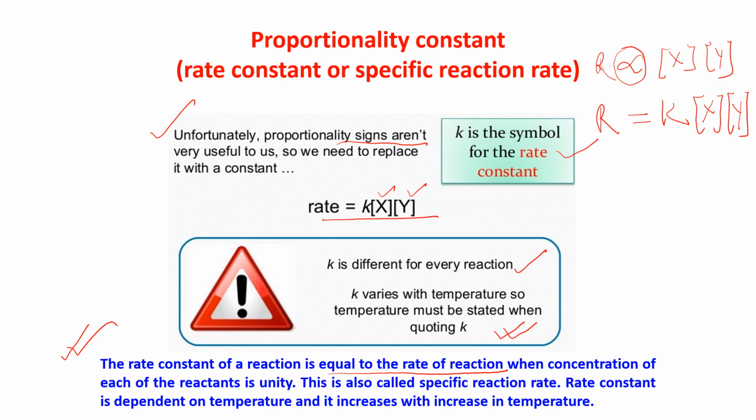If the concentration of X is 1 and the concentration of Y is also 1, then rate is equal to K. That means K is equal to rate.